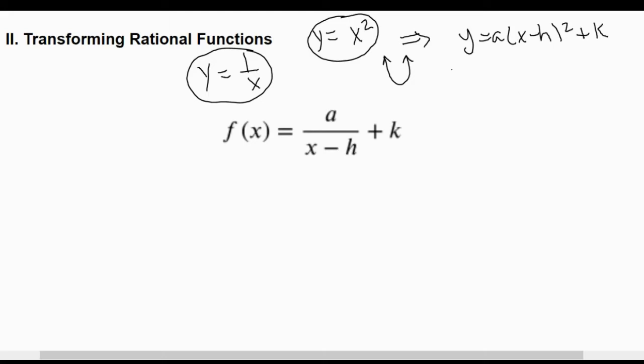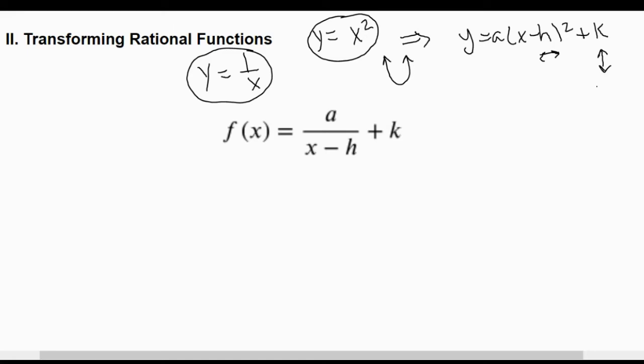The h controlled the horizontal translation, so left or right movement for h. And because that was negative, it was always in the opposite direction of what you would think. And lastly, we had k, which controlled vertical translation for the curve.